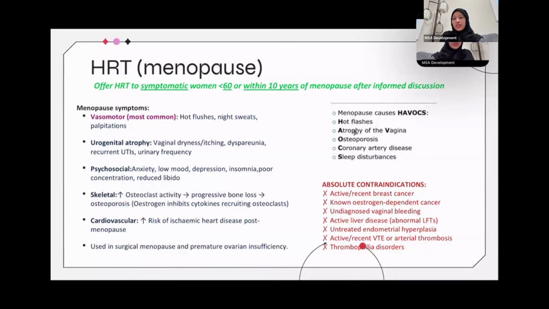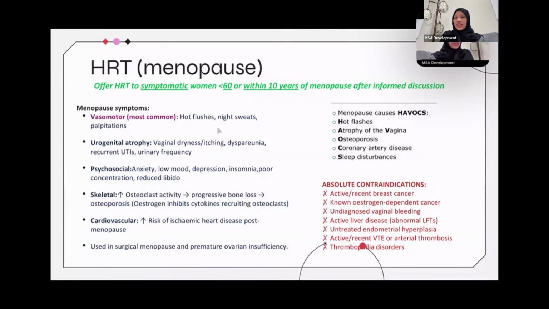Havocs: atrophy of the vagina, because estrogen and progesterone are not there anymore to be helpful for that. Osteoporosis, so bone loss is a very important thing. Coronary artery disease can happen because the blood vessels become less elastic and much harder because of the lack of estrogen. And sleep disturbances, so havocs.